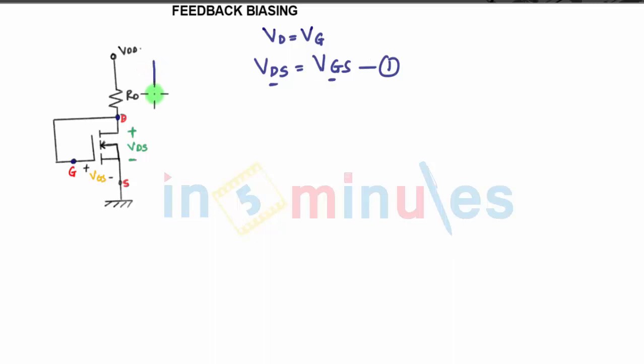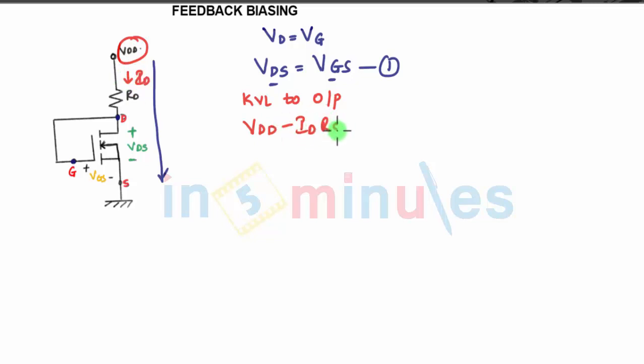Now when you apply KVL at the output, what will be the equation? VDD, current flowing through RD is ID, so minus ID into RD, minus VDS equals 0. So VDS equals VDD minus ID into RD. So we got this relation.